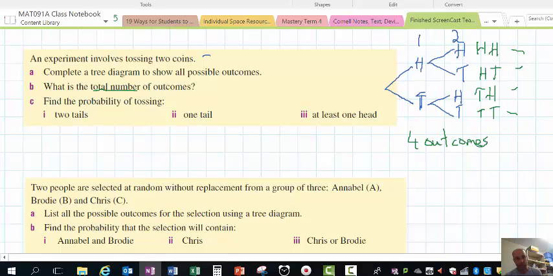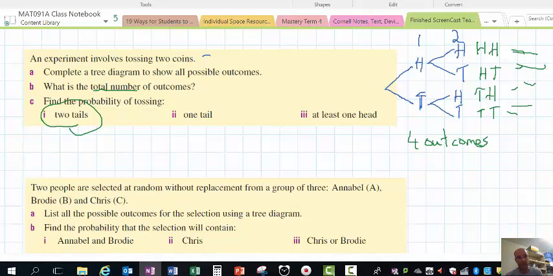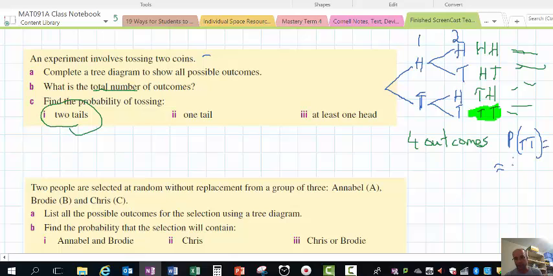Part C: what is the probability of tossing 2 tails? Now all of these outcomes are equally likely, as we said. For 2 tails, there's only one outcome that fits. That's one outcome out of 4 that are equally likely. So the probability of 2 tails is 1 out of 4.